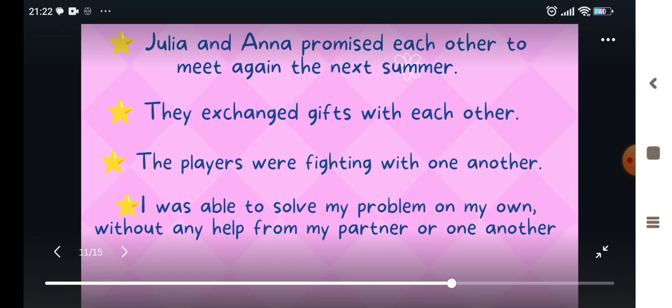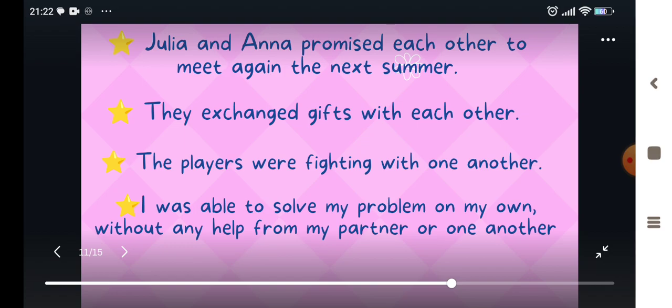Let's look at the examples. Julia and Anna promised each other to meet again the next summer. In this case, we use each other because we are talking about only two persons. They exchanged gifts with each other.